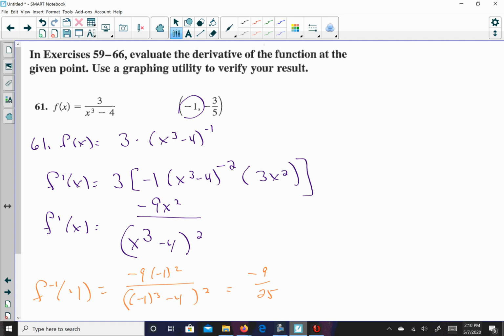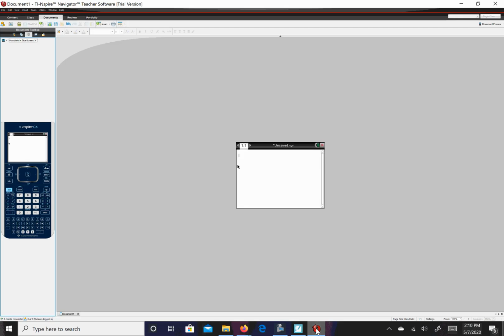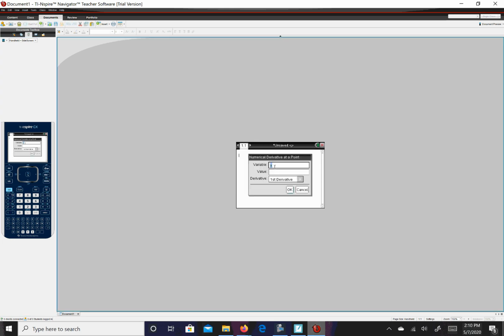So if you get your calculator out, and again, I apologize, it's so tiny and I don't know how to fix it. You're going to hit menu, and then go to calculus, and then it's going to be numerical derivative at a point, and that's the only time you can find the derivative on your calculator, at a certain point. It wants to know the variable. I always leave it as x. Then it wants to know the value at x, and it was at negative 1, so I'm going to put in negative 1 here.